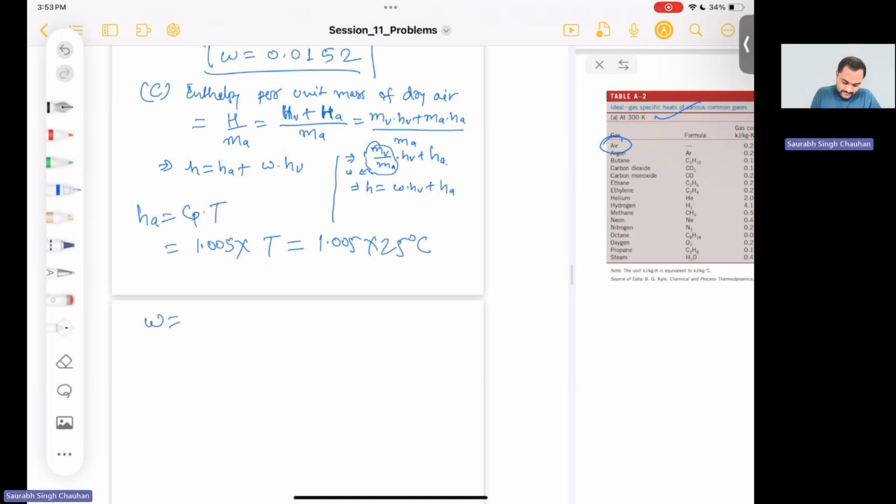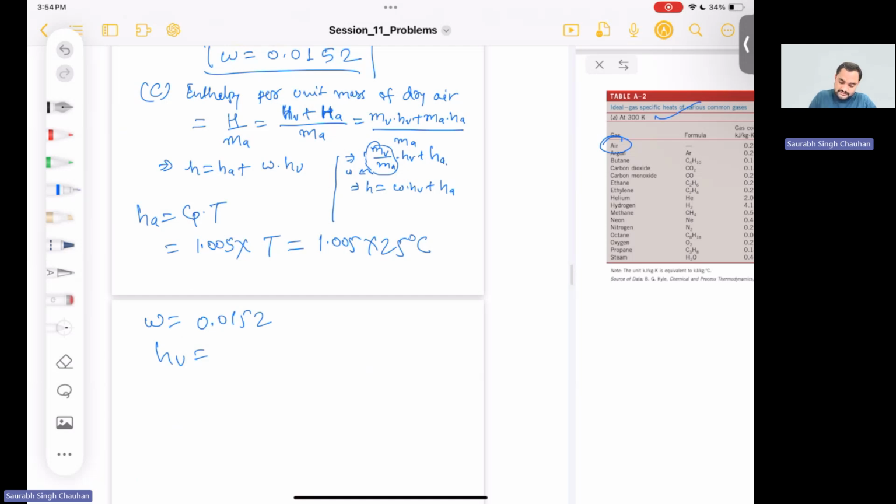And omega you have calculated, 0.0152, and HV, specific enthalpy of water vapor, will be equal to specific enthalpy of saturated vapor at this given temperature.